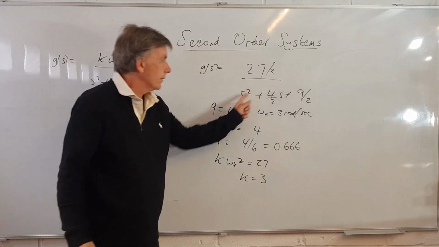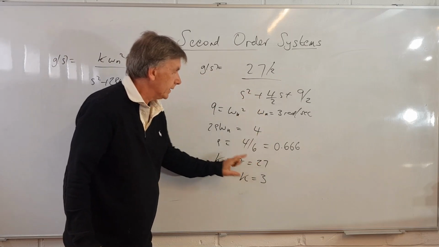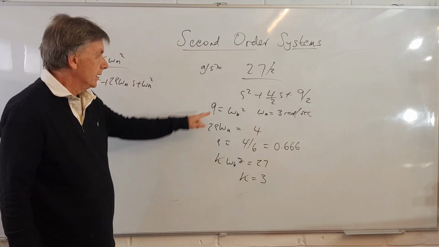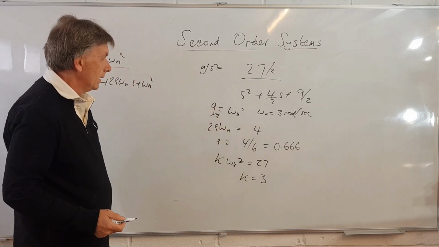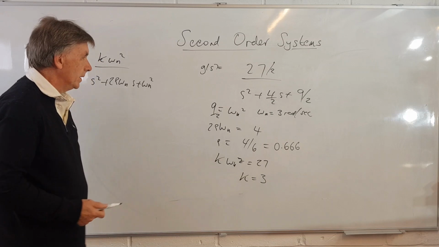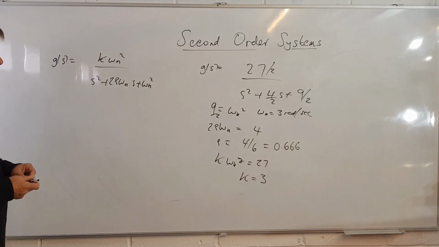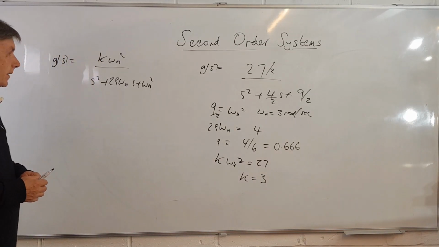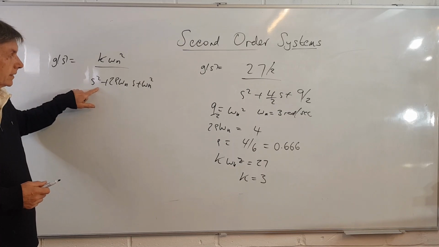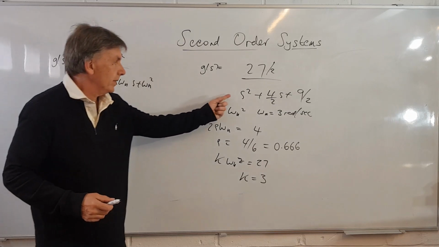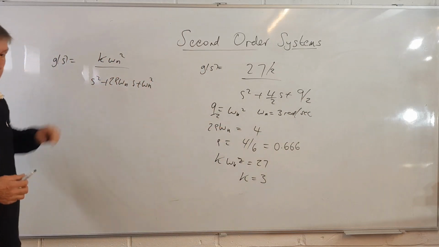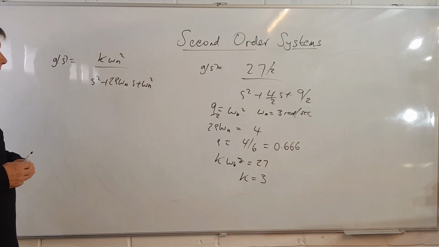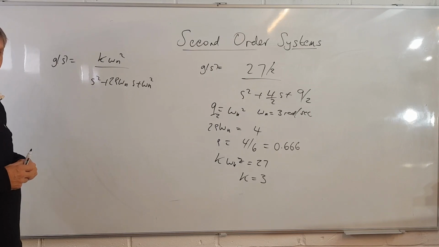Now we've got this 1 in here, we could then apply the similar calculations, but this time clearly 9 over 2 would be omega n squared. So it wouldn't be quite such a nice number. But this is another key property: we can take our standard second order system equation, compare it with some numbers, and work out what the natural frequency and the damping ratio is. And that's our next thing that we need to know.